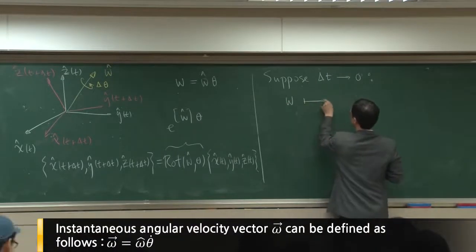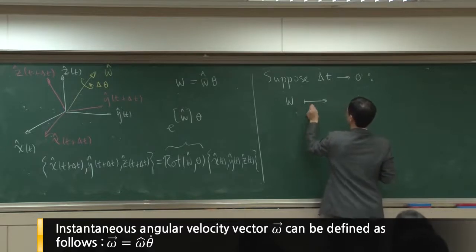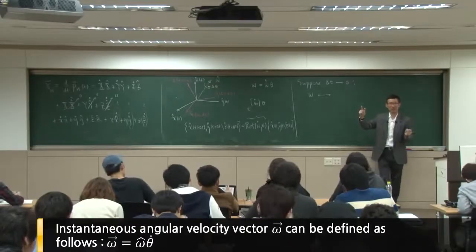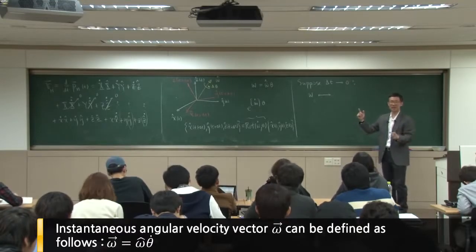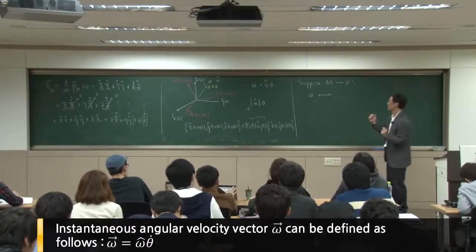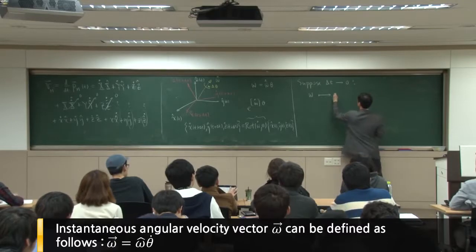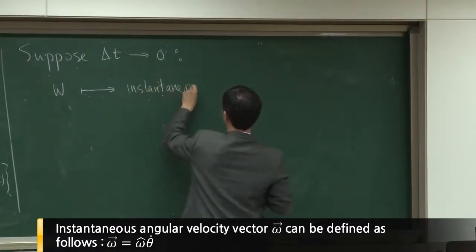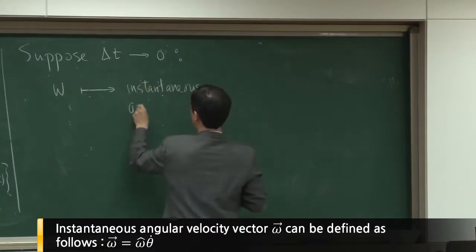So omega is going to go to some vector. What is that vector? That vector is the angular velocity vector. It is the instantaneous angular velocity.